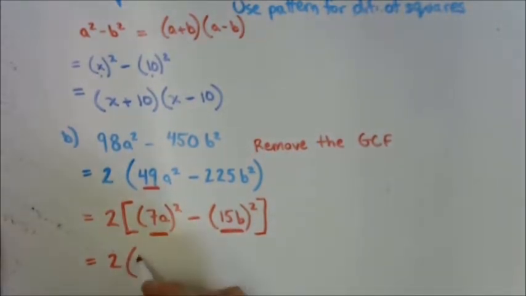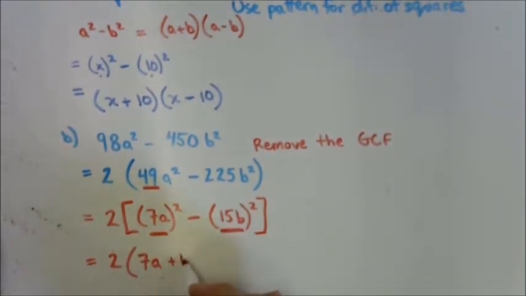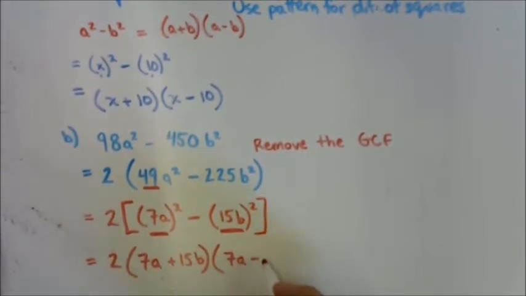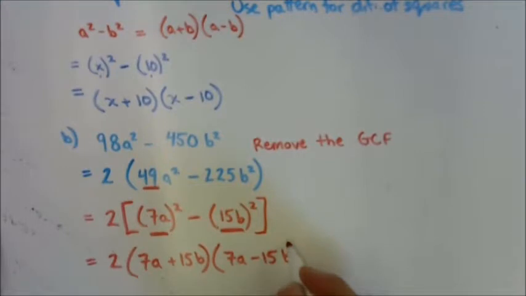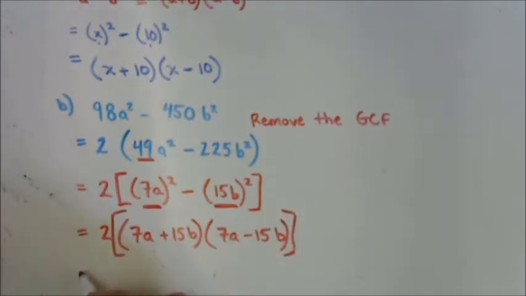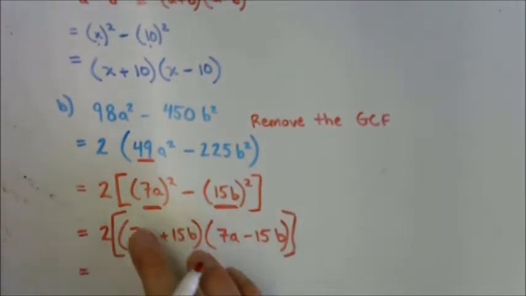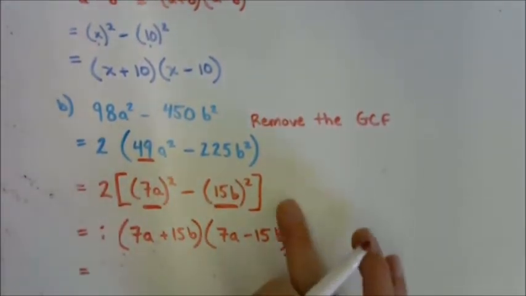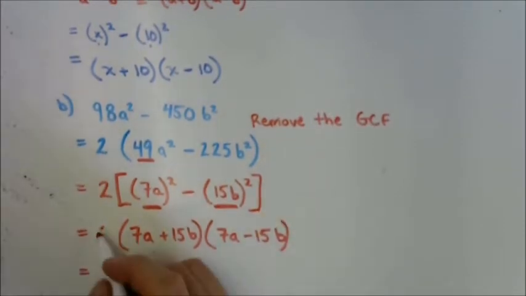So all we have here is 7a plus 15b, 7a minus 15b. If you really like to keep the squares in there, you may do that for this step, but then you need to do one more step and remove them. Not the square brackets. The square. The exponent to the power of 2.